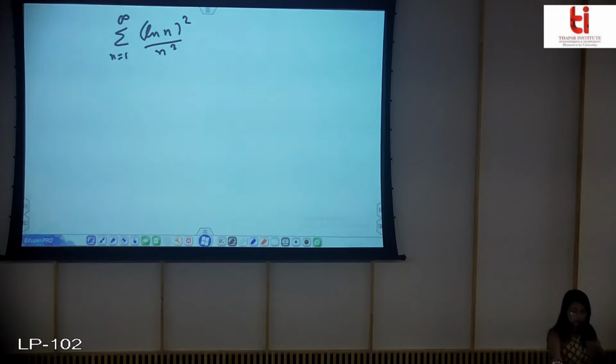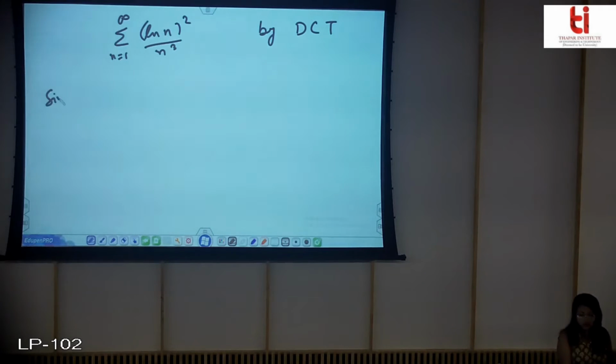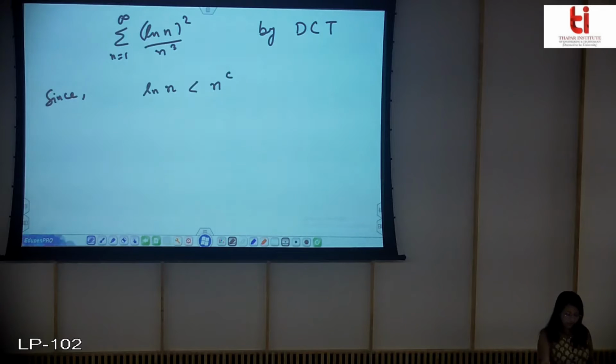Again I am writing that we want to see the convergence or divergence of this series by the direct comparison theorem. In this, since we have to compare it with some other series whose nature we know, and we know that this value grows slowly as compared to this for C a positive constant.